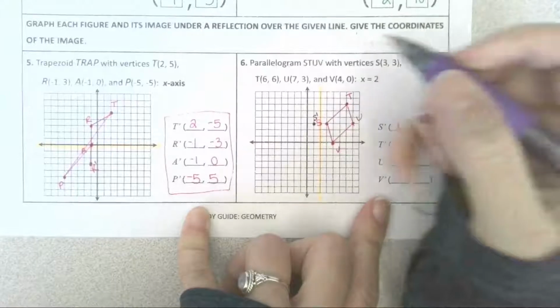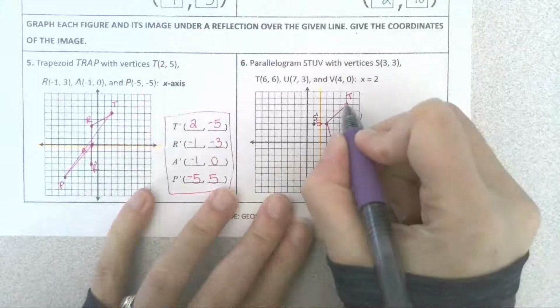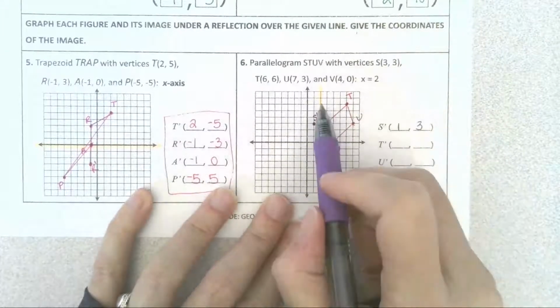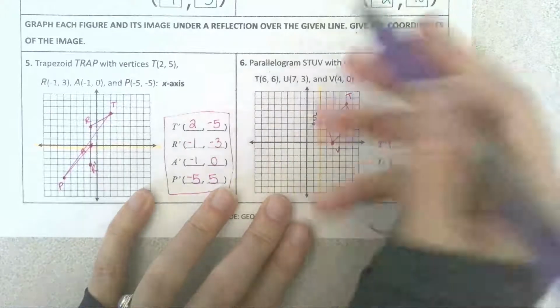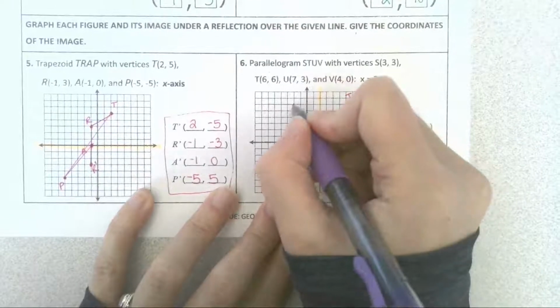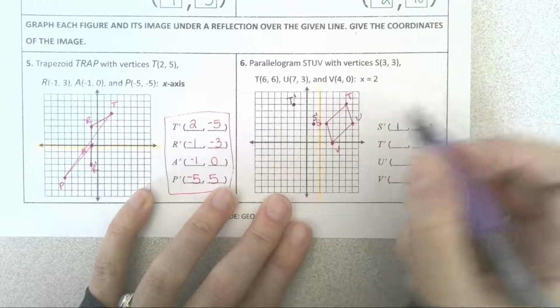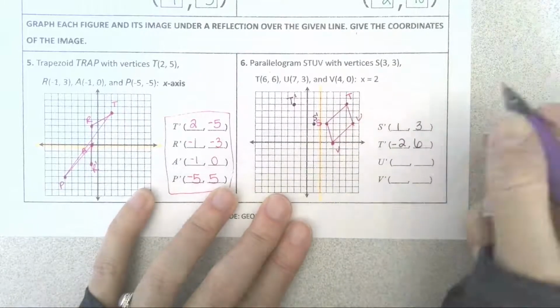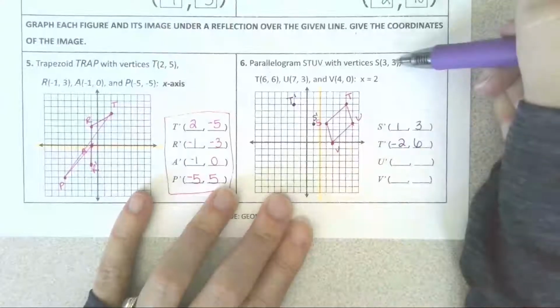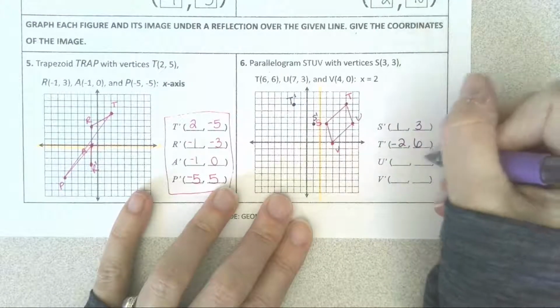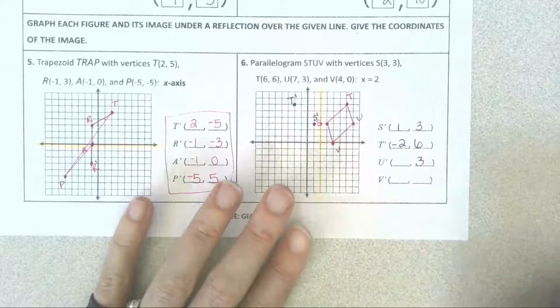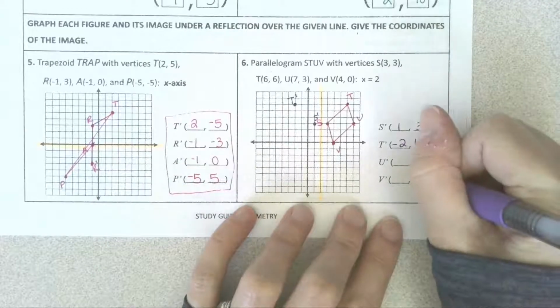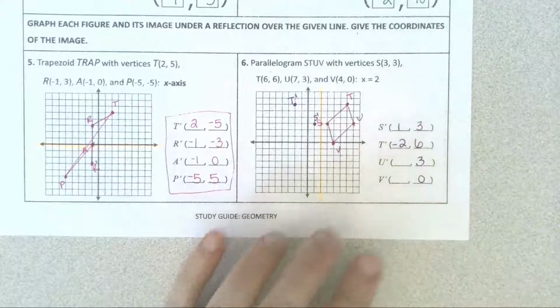Let's see, let's do T next. So T is 1, 2, 3, 4 units away from the line of reflection. So then on the other side, 1, 2, 3, 4, and that's where T prime ends up, which is at -2, 6. And if you're noticing, the y values are not changing. So I know that U prime is going to have a y value of 3, and V prime is going to have a y value of 0 because that hasn't changed.